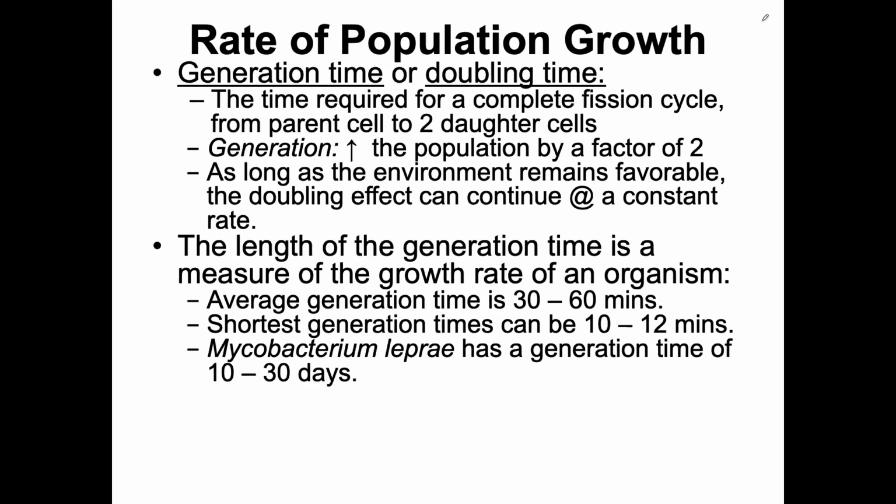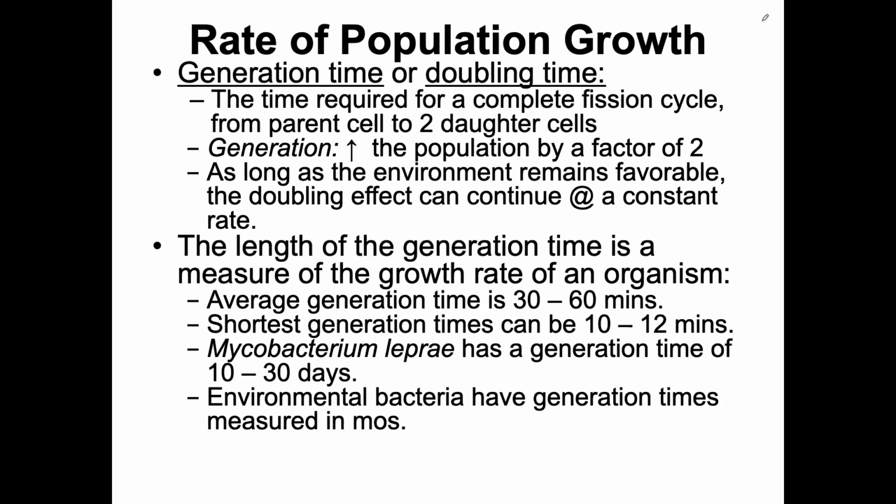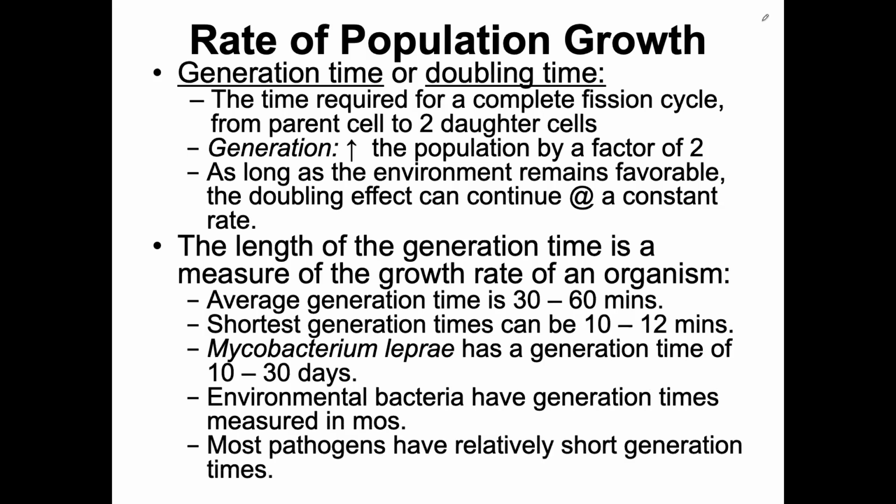Mycobacterium, which is associated with leprosy, has a generation time of between 2 weeks to a month, so it's a slow grower. Environmental bacteria have generation times that are measured in months as well. The pathogens have a short generation time, and that's how they produce disease.